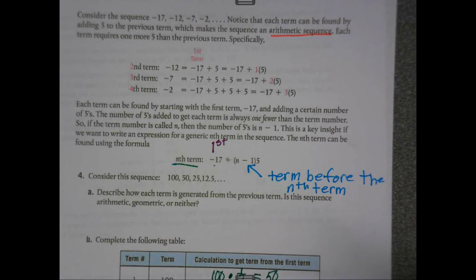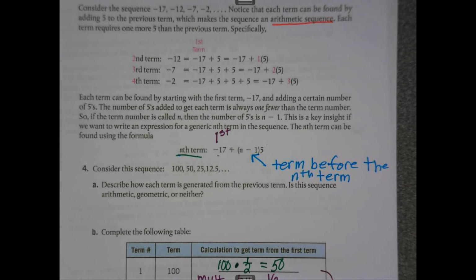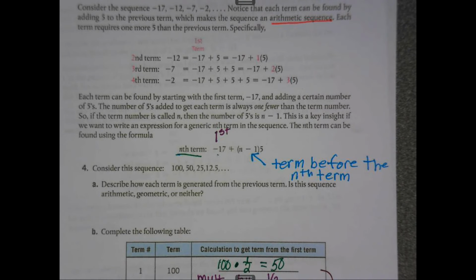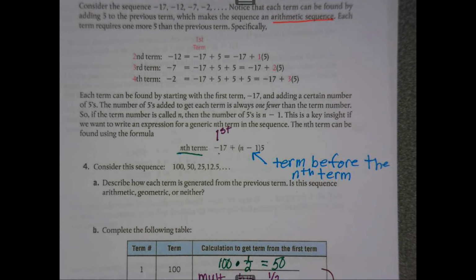And that'll give us term number 5, which is 12.5 times 1/2. I better get a calculator. It's going to be a quarter. Well, half of 12 is 6, and half of a half is a quarter.